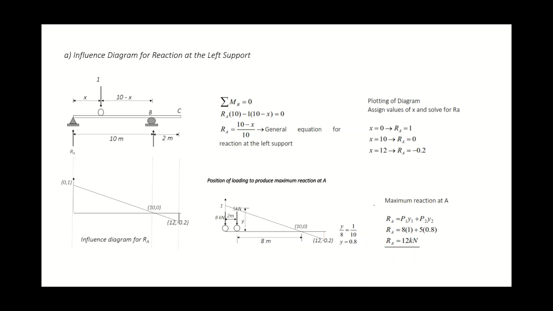In this case, the maximum reaction of the support is 12 kN. So, since you already have this, you can design a section of the bridge that can withstand the 12 kN load. That is the concept. That is why we are studying this, because it is needed when we design. Especially, influence diagrams are for horizontal members, mostly bridges.